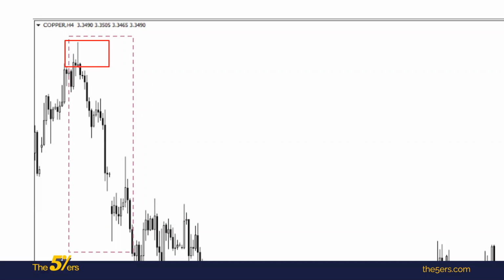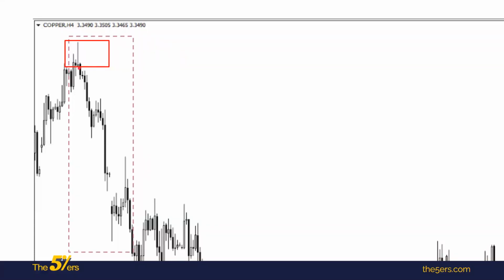Why? Because there are more sellers, because all the buyers were gone. And because all the buyers were gone, the exchange took price down to find more buyers. So there are more sellers here. There are no buyers here, right? It's just pure logic, right?